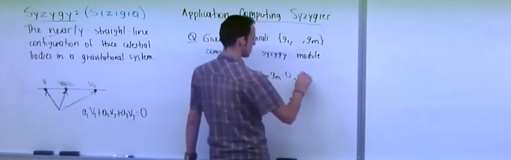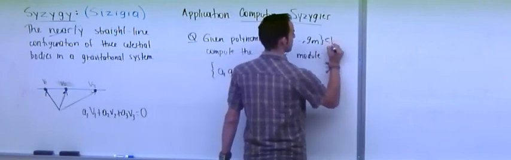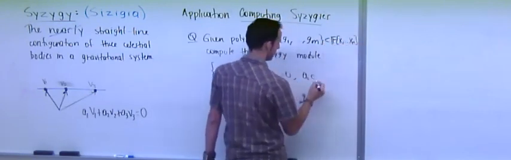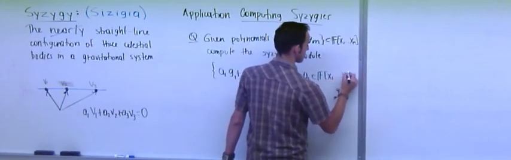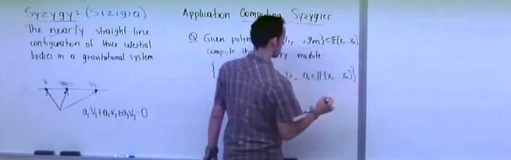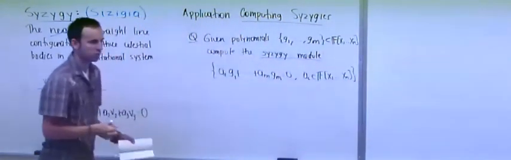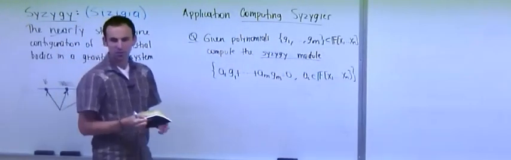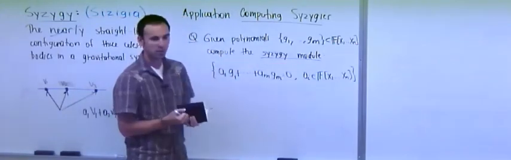Okay. So I didn't tell you, but maybe this is the polynomial ring in n variables, and so these are just going to be polynomials in those n variables. Okay. This is called the syzygy module of those polynomials. And if you remember what a module is, then think about why that's a module and over what it is a module.